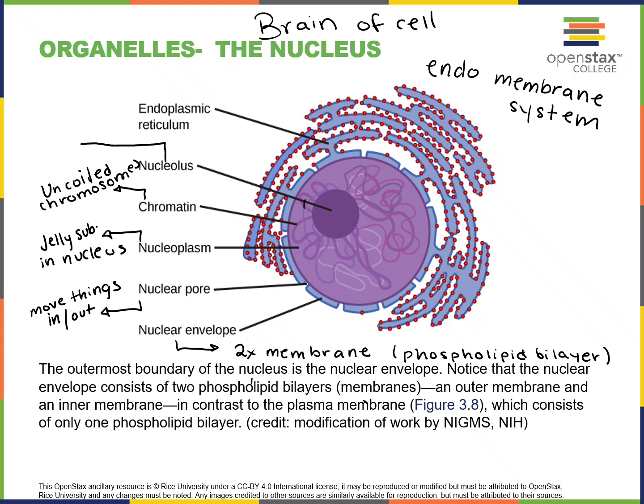The nucleolus is where ribosomes are formed. Okay. And then those ribosomes are then transported out of the nucleus via those nuclear pores.